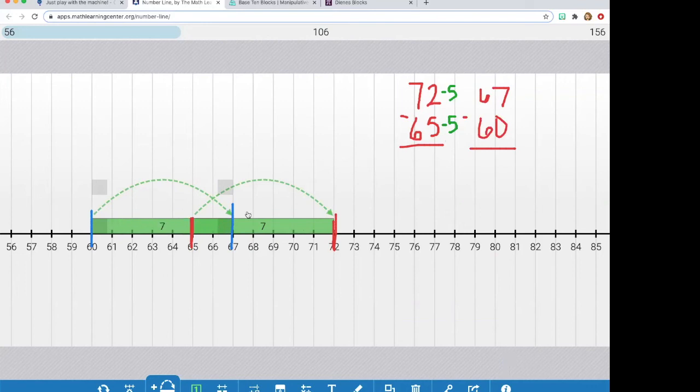So the difference between these numbers stayed the same. And so that's why this compensation strategy works. You can think about it as we saw in the last slides with the algebra of the identity property, or on the number line as keeping the distance or the difference the same.